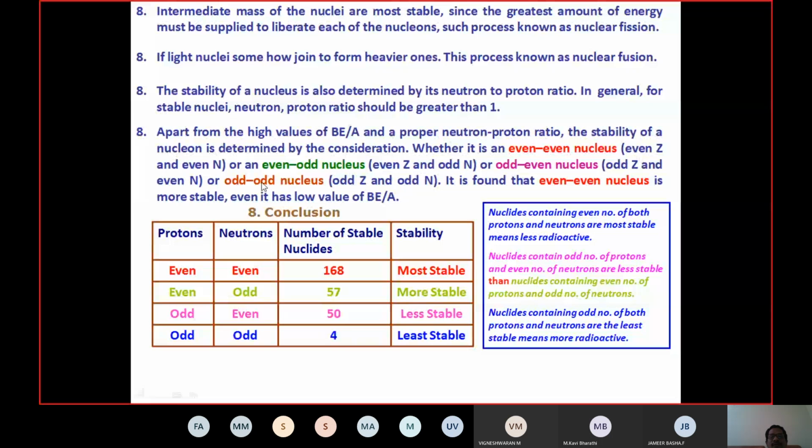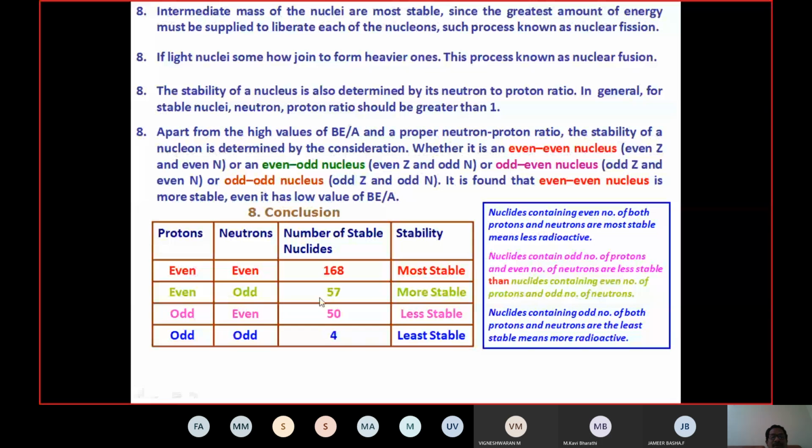So in these four possibilities, the even-even nucleus is more stable. In the periodic table, we find that 168 nuclides have even number of protons and even number of neutrons, which is the most stable.